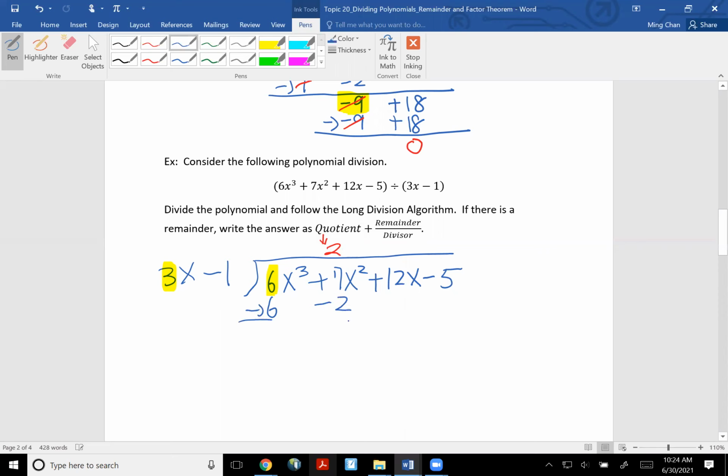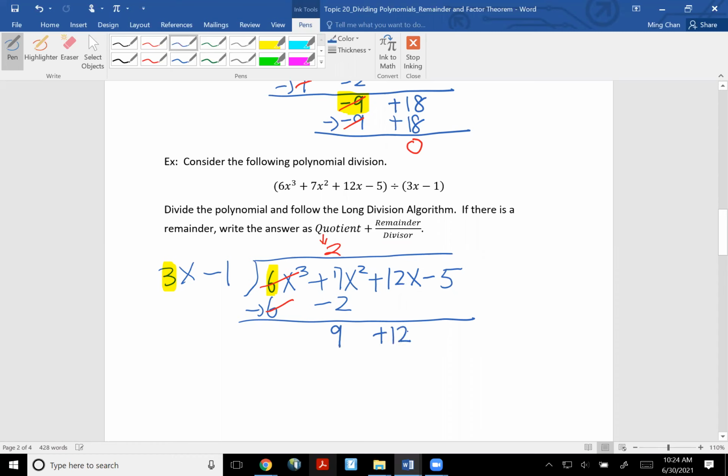Long division, we subtract. First term, 6 minus 6 should always cancel. Be careful, this is a 7. 7 subtract -2 is +9.